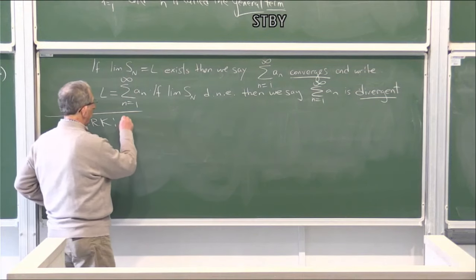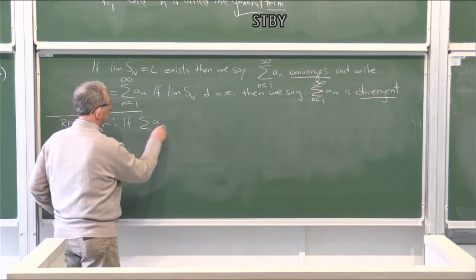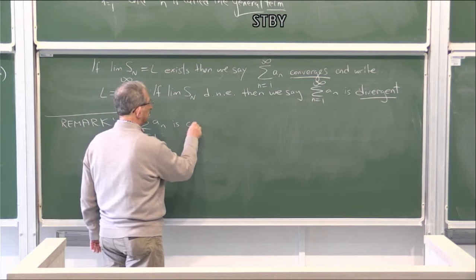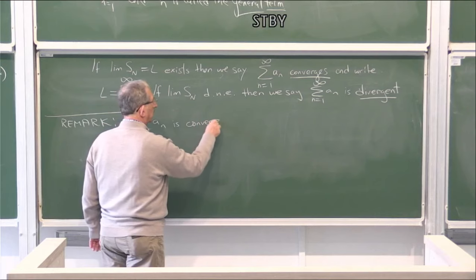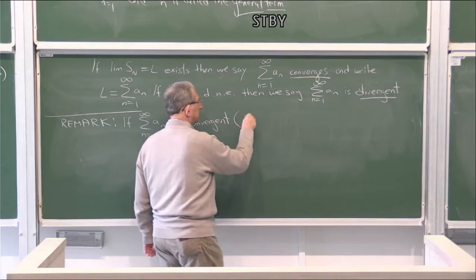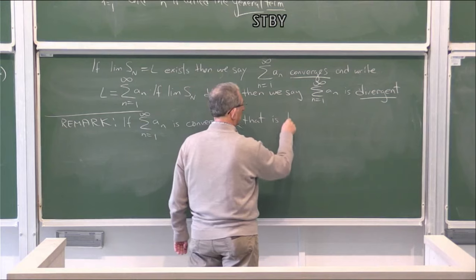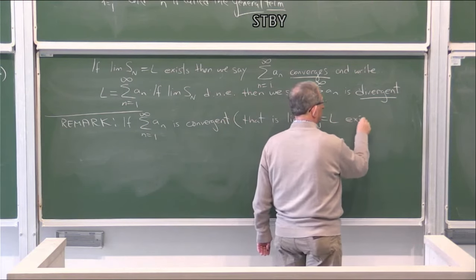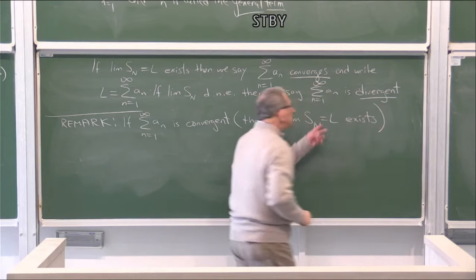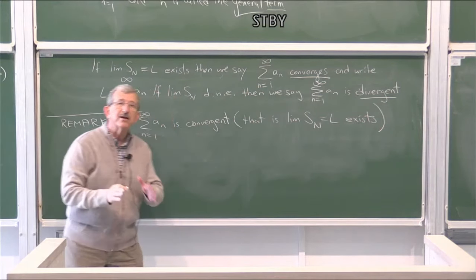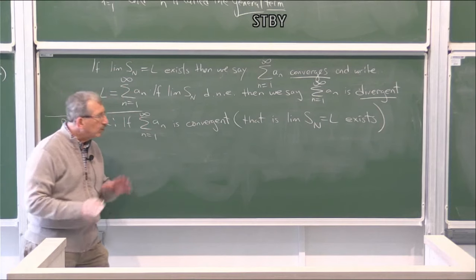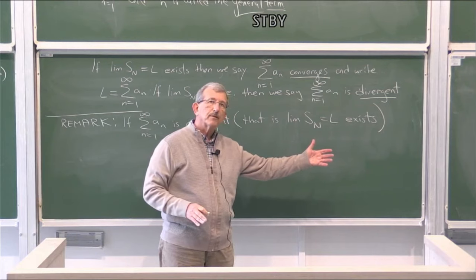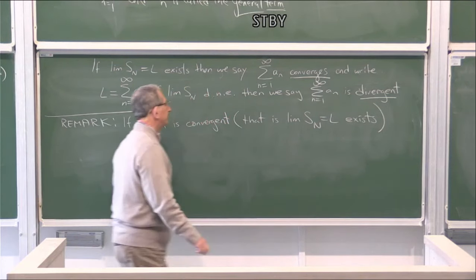Now, if a series is convergent, that is, the limit of Sn exists. Here exists means, of course, that it is a real number. We don't say a limit exists if the limit is equal to infinity. It is a divergent case.